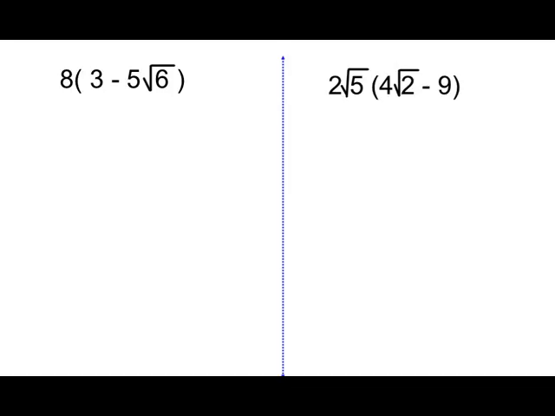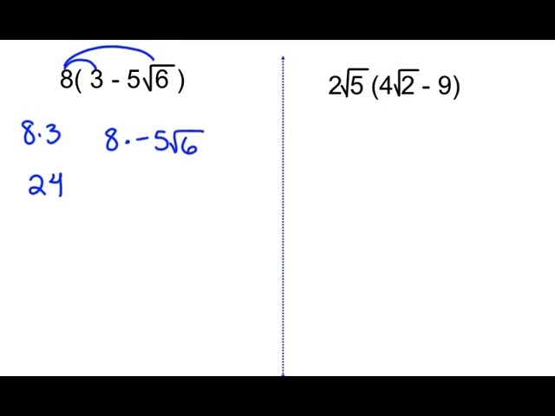The next two we're going to try to distribute using the same idea. Distributing is as simple as what we would normally distribute. 8 times 3. Well, 8 times 3 is 24. Now we're going to do 8 times, notice it's minus, so it's a negative, negative 5 square roots of 6.